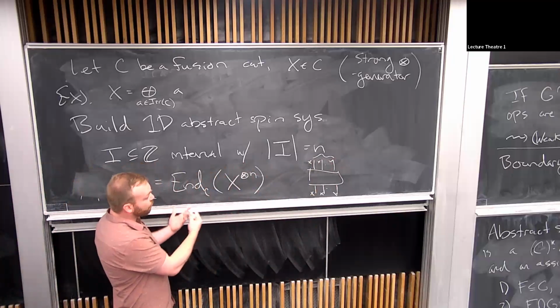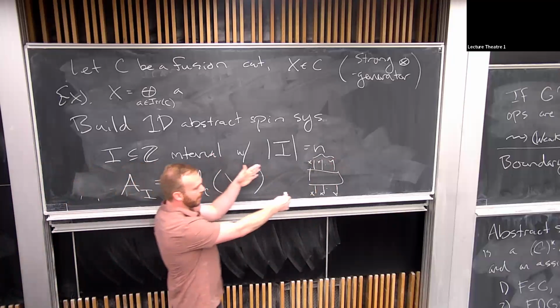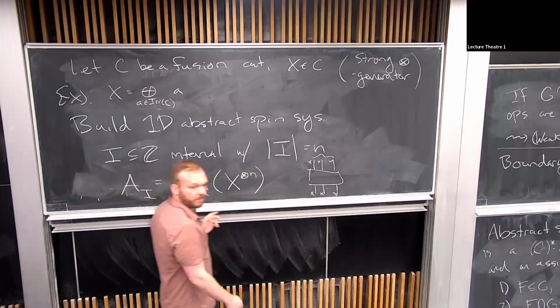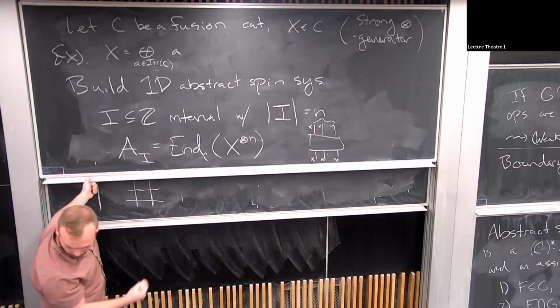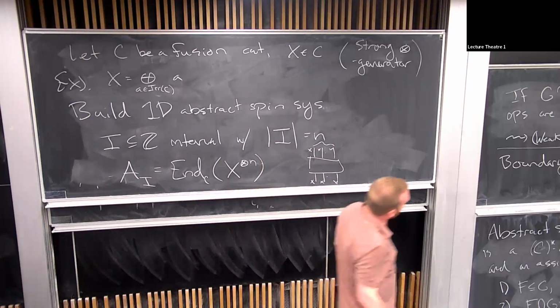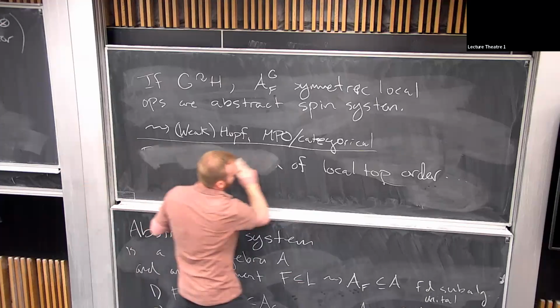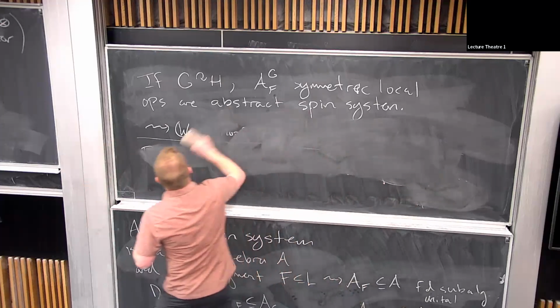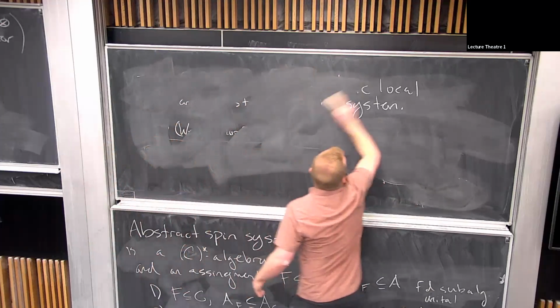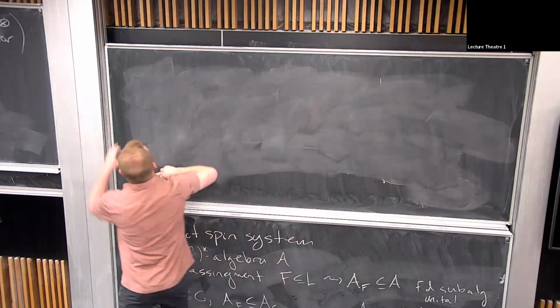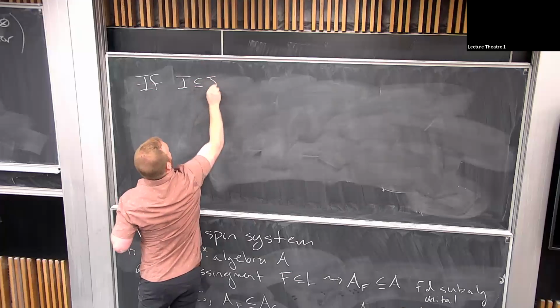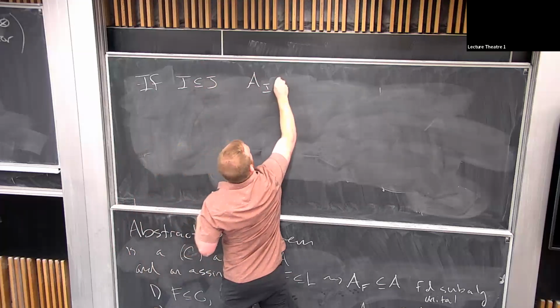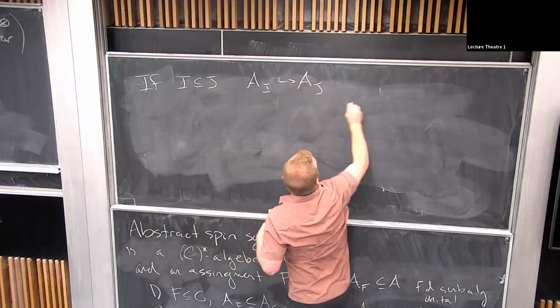And then there are natural ways to include these into each other by tensoring with identity strands in the fusion category. So if I is a subset of J, then I have a natural inclusion of A_I into A_J, which works like this.